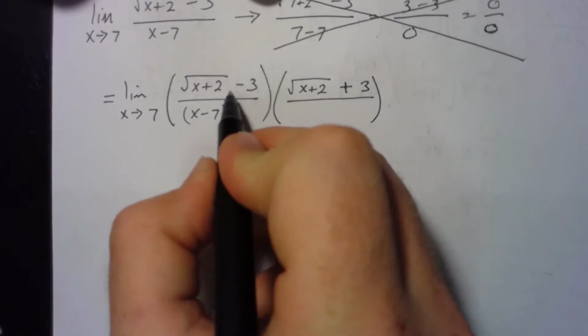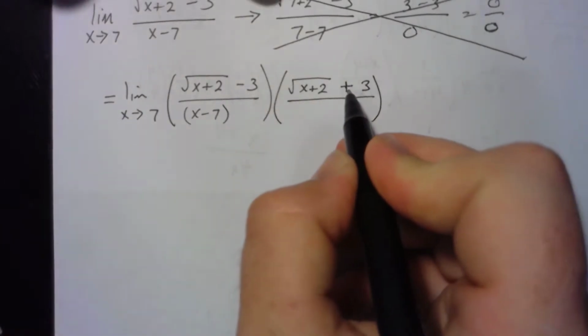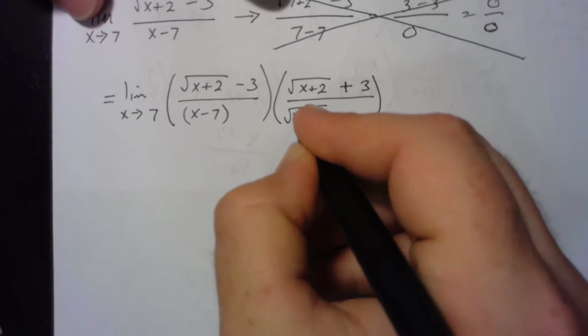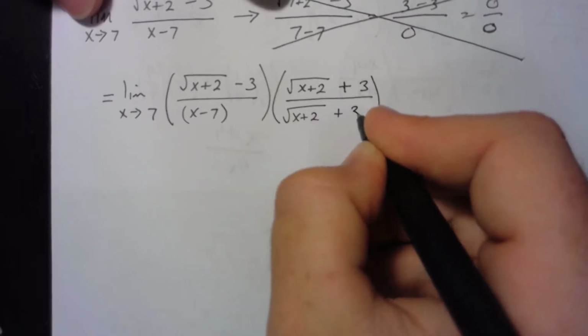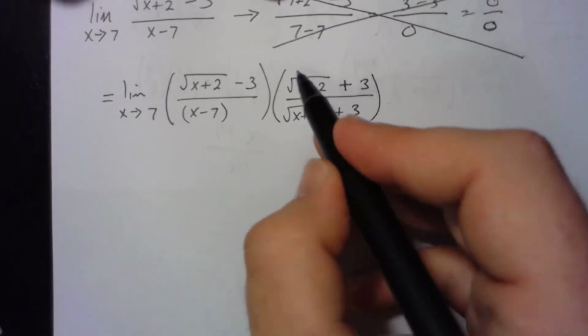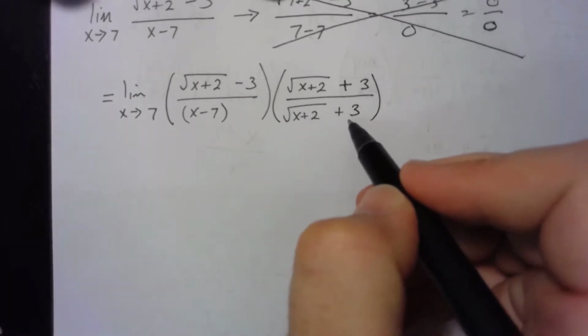Now, if the sign here was a positive, then we would put a minus sign here. We also can't change the value of the interior of that limit, which means that I have to multiply not only the top but the bottom by that conjugate value.